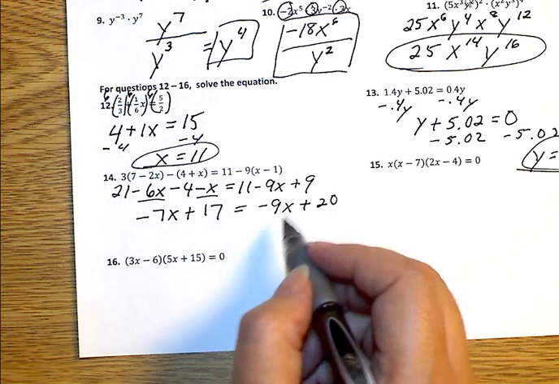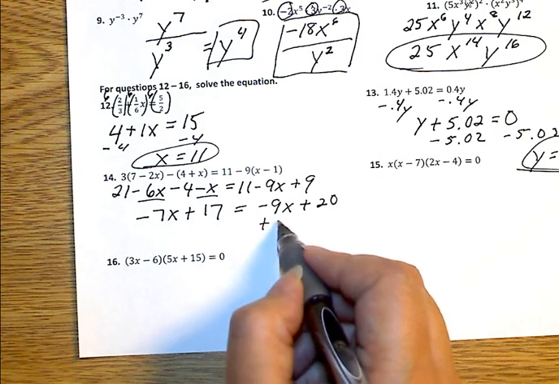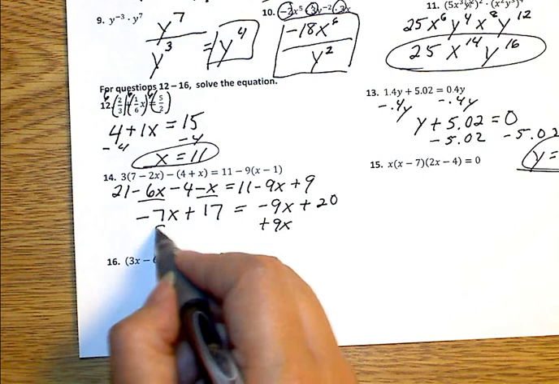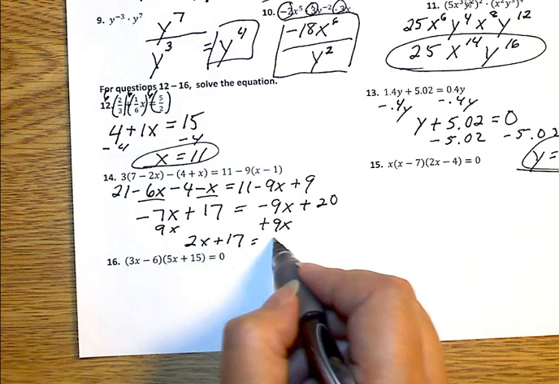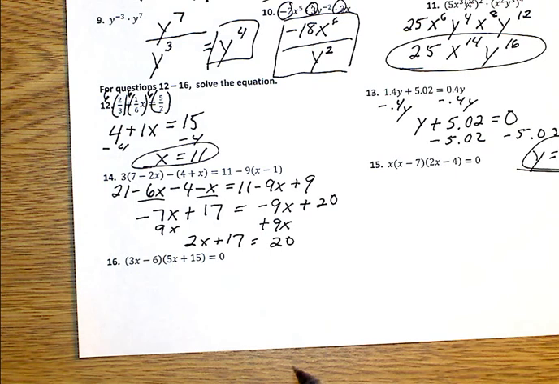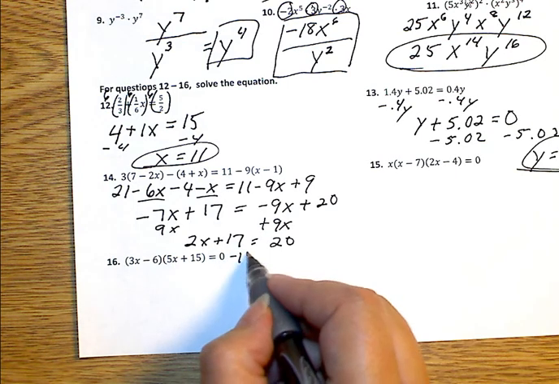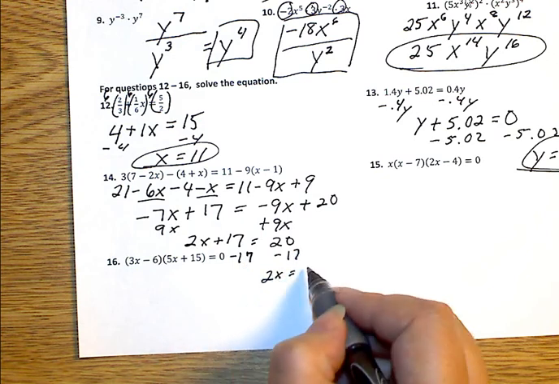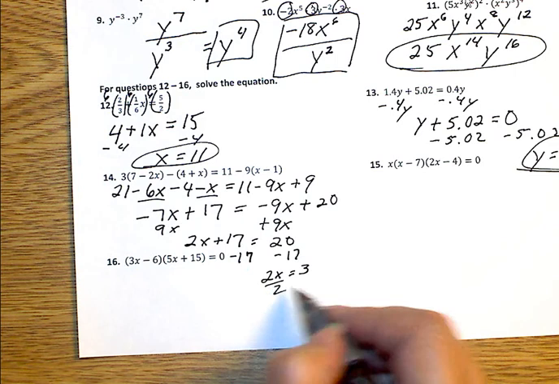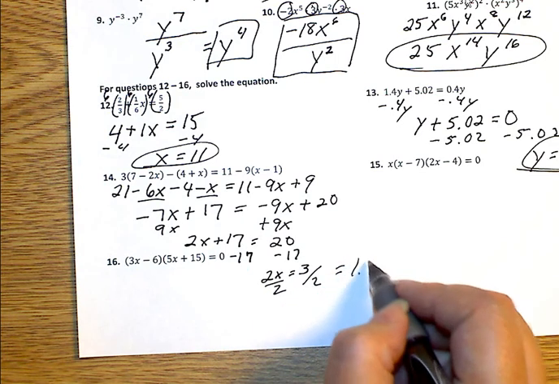Bringing them to the same side, you're adding 9x to both sides. So I have a 2x plus 17 is equal to 20. Subtract the 17 from both sides, and then divide by 2. So that equals 1.5.